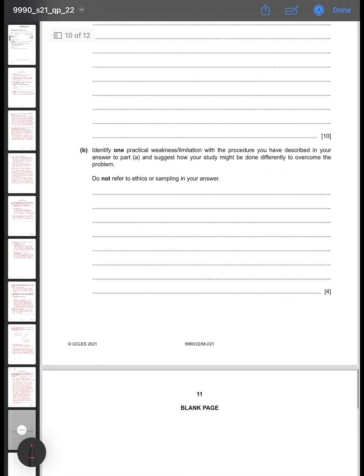Now you need to identify one practical weakness or limitation with the procedure you have described in your answer to part A and suggest how your study might be done differently to overcome the problem. And you do not need to refer to ethics or sampling in your answer.